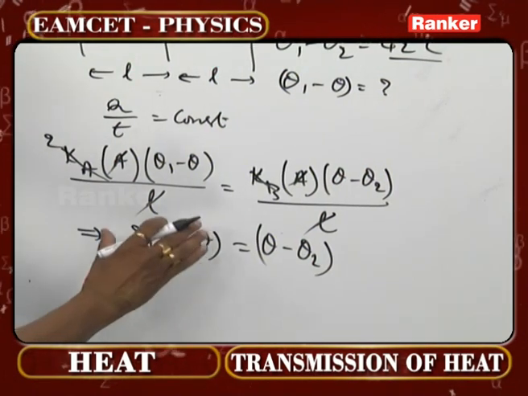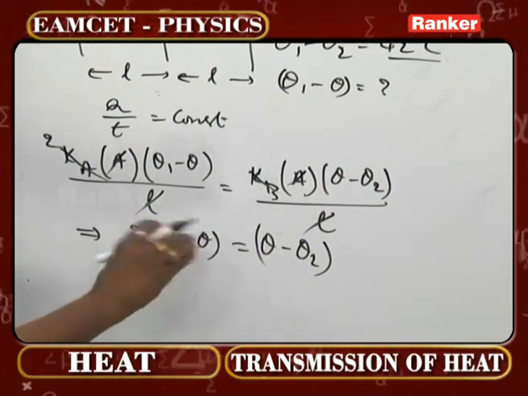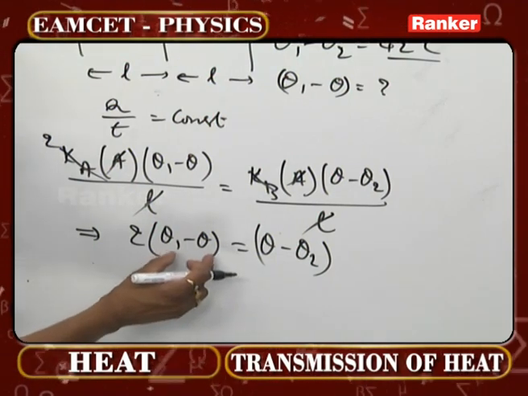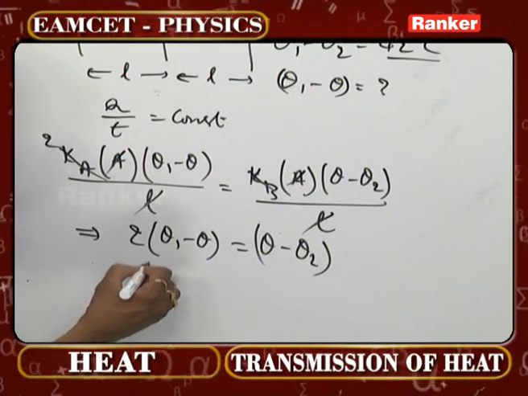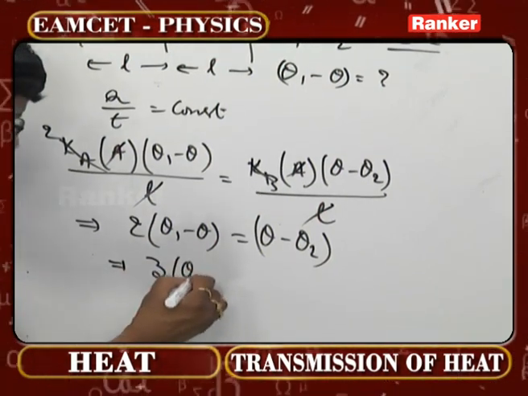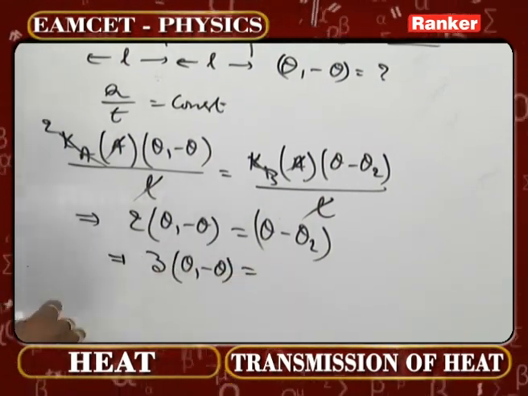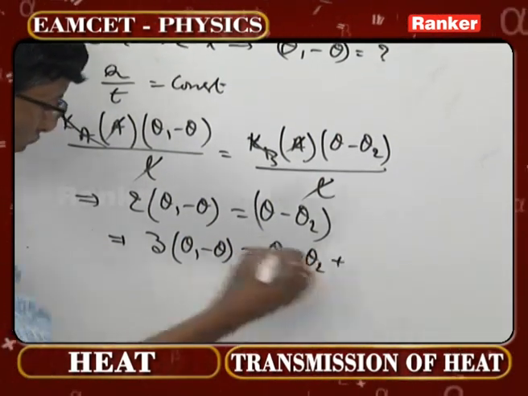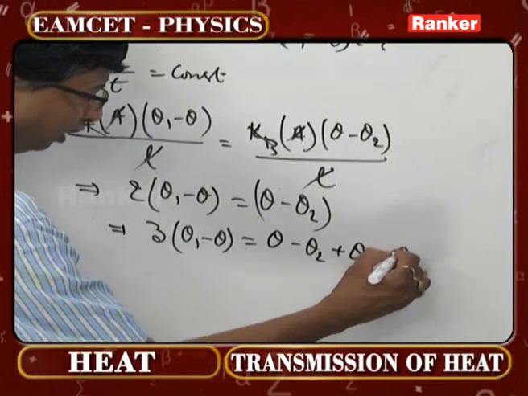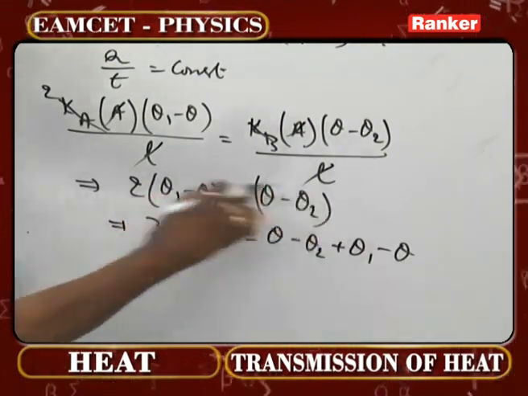Fine. Now carefully observe the mathematical approach here. I add (theta 1 minus theta) on both sides. When I add that, this automatically becomes 3 times (theta 1 minus theta). And what happens to this one? (Theta minus theta 2) plus (theta 1 minus theta). I am adding the same value on both sides.